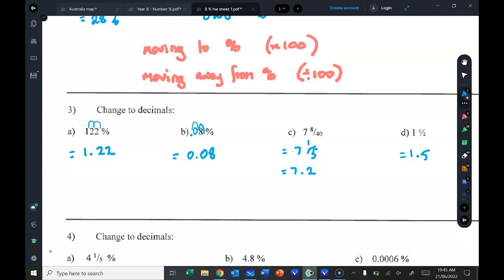Who knows that 1/5 is 0.2? This is a really good one to learn, okay, because that's also 20%, okay? So remember that one day of school is 20% of each school week, okay? And if you think about that, I always think about every day we do is 2% towards our next holiday because our terms are 10 weeks long.